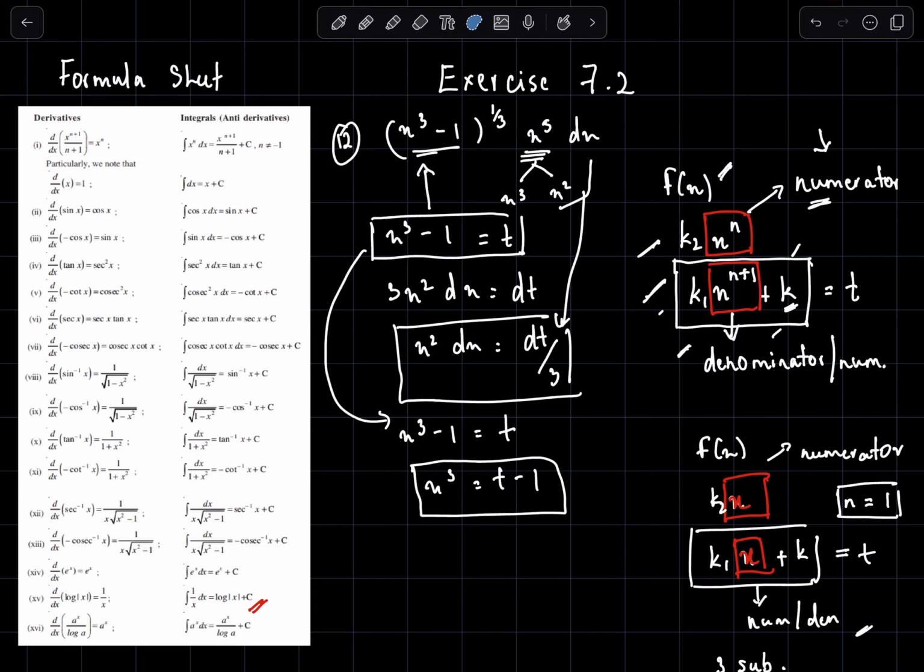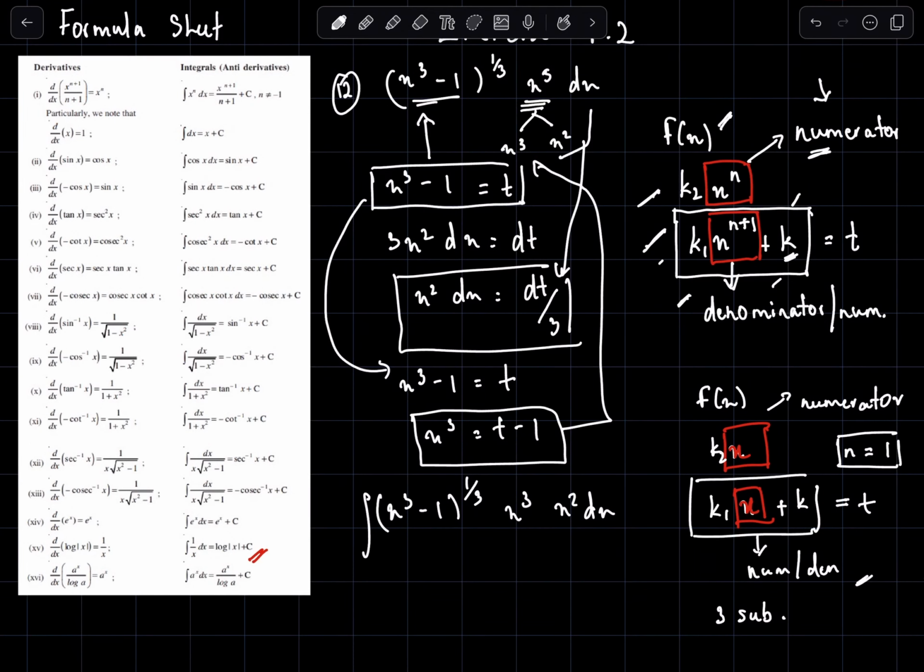I think we got this, and x cubed is t minus 1. So what we did is, we broke the integral down as x cubed minus 1 raised to the power 1 by 3 times x cubed times x squared dx, right? And now we substitute.